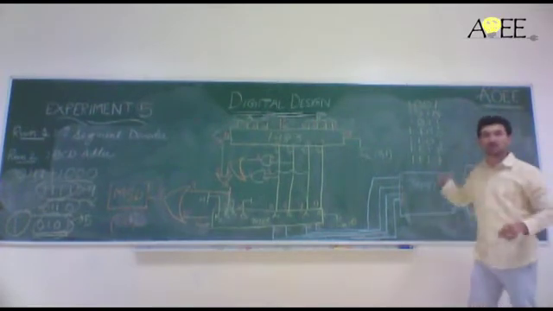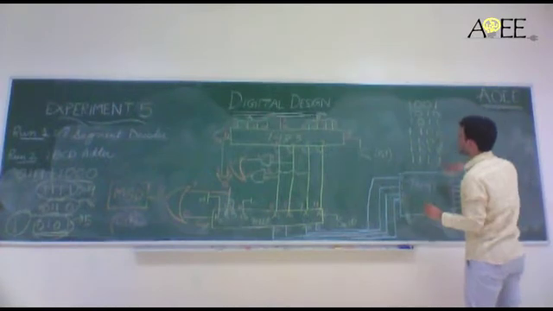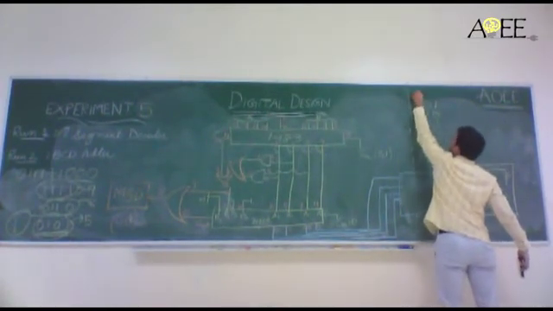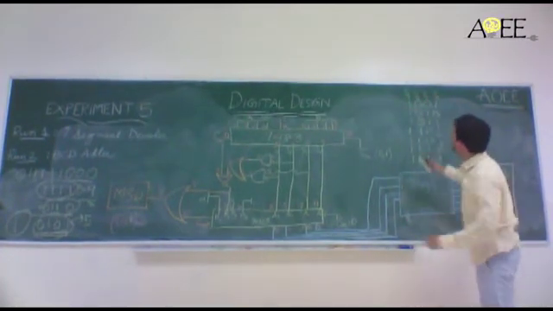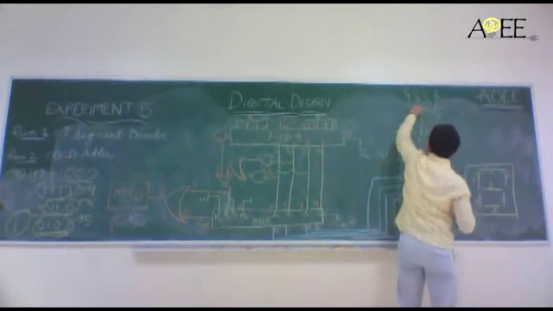These are the sequences that will happen after 9. So what is the scenario over here? Let's say this is S3, S2, S1 and S0.